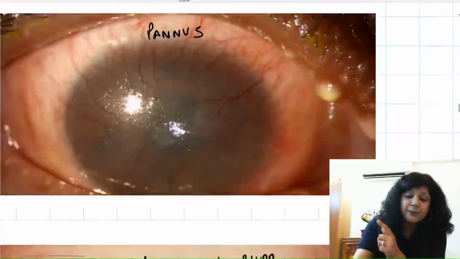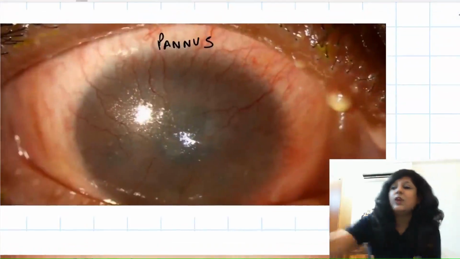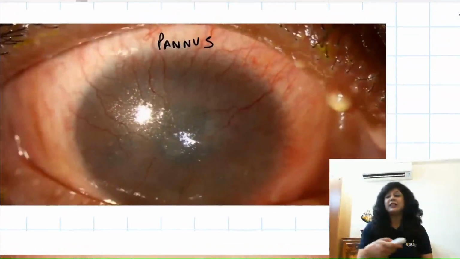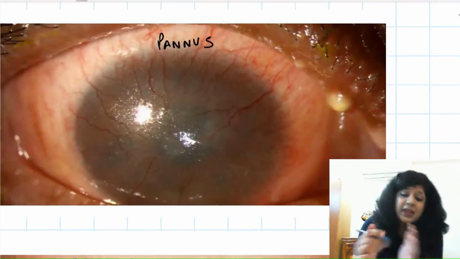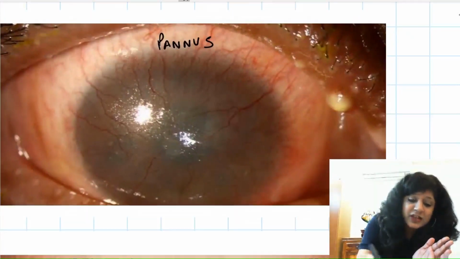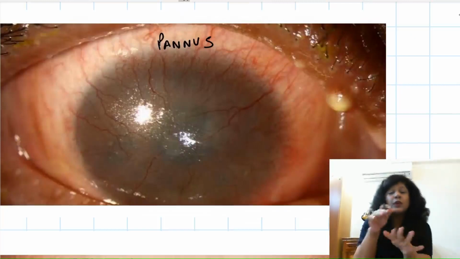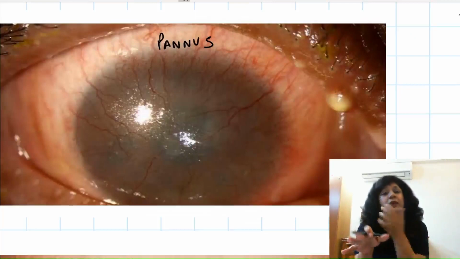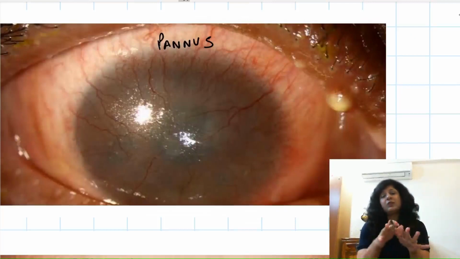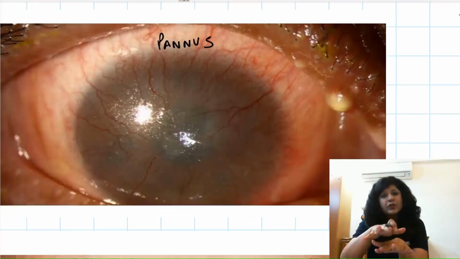Then the next important thing is the pannus. Now pannus is again a thing which is very, very typically found in trachoma. Can you see these blood vessels which are coming over the cornea? So cornea is actually avascular. Now because there is a keratoconjunctivitis occurring in trachoma, these vessels grow over the cornea.